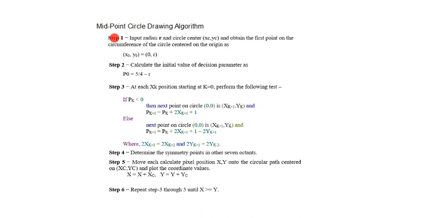Step number one: input radius r and circle center (xc, yc). Obviously, for drawing a circle you require two things, one is the center, another is the radius. Then obtain the first point on the circumference of the circle centered on origin.